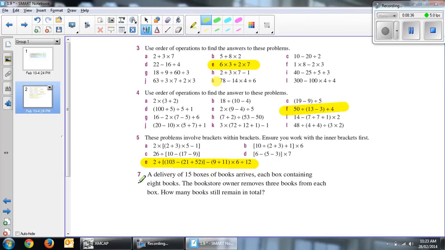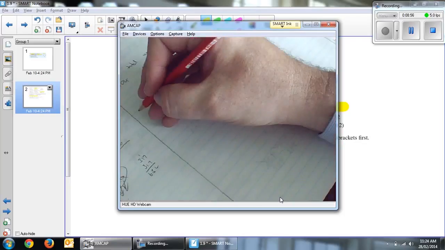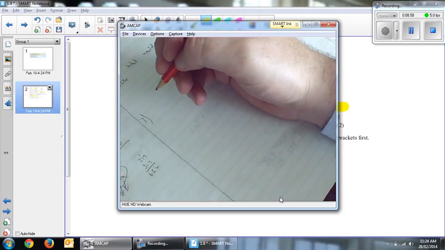Last up, a delivery of 15 boxes of books arrives, each box containing 8 books. The bookstore owner removes 3 books from each box. How many books still remain in total? Okay, so this is where if you jot down on a piece of paper some of the information, it can really help sometimes.